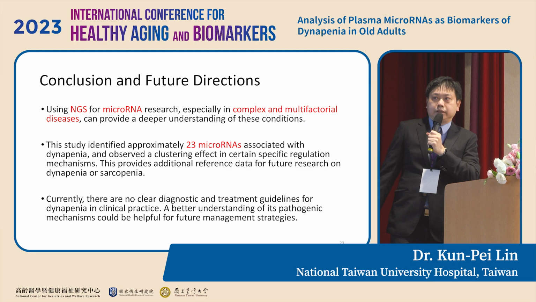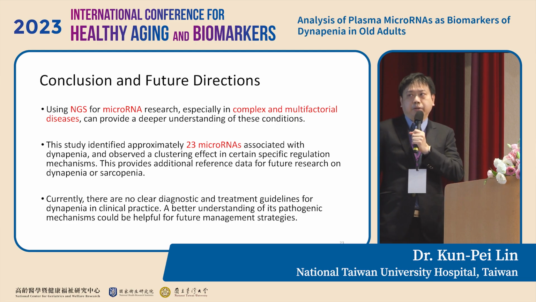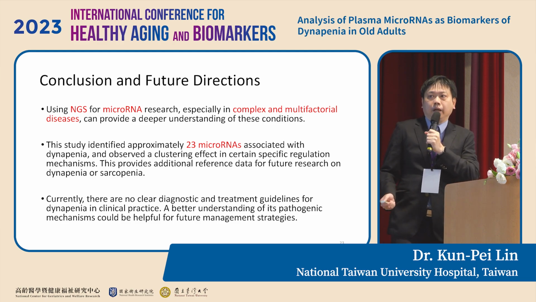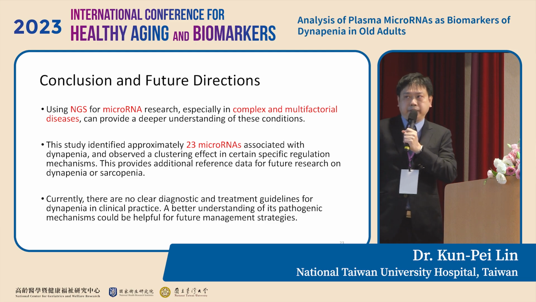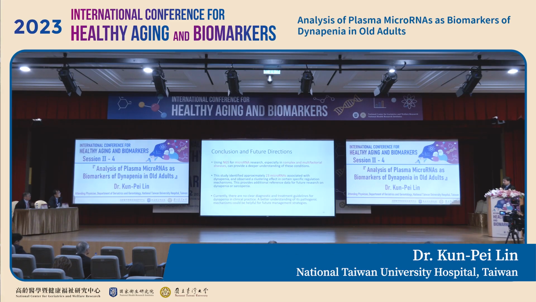And our study identified approximately 23 microRNAs associated with Dynapenia, and observed they have a classical effect in certain specific regulation mechanisms. This may provide additional reference data for future research on Dynapenia and Sarcopenia.